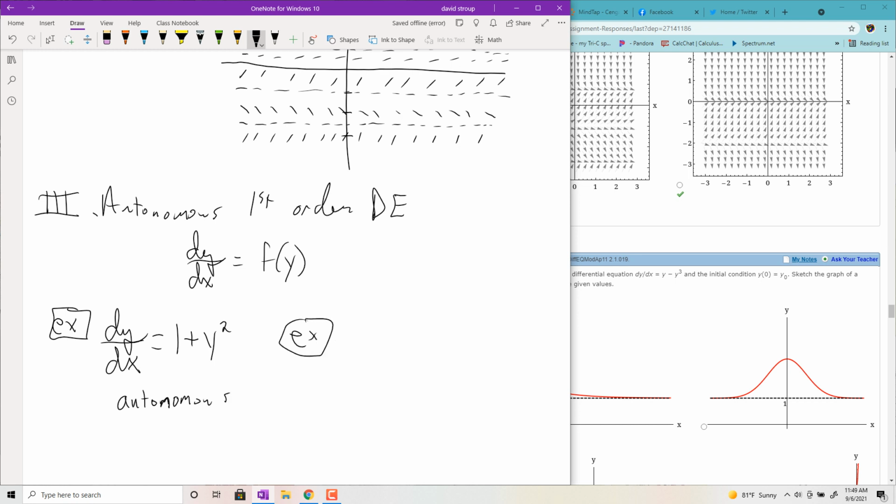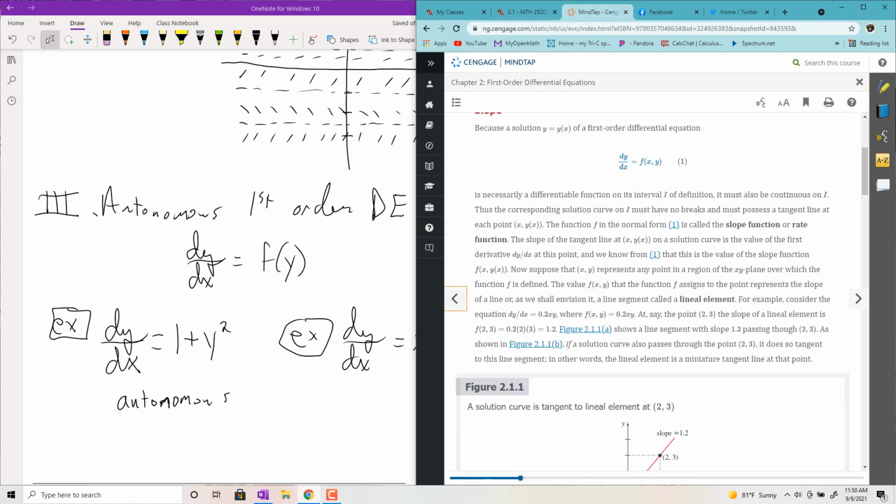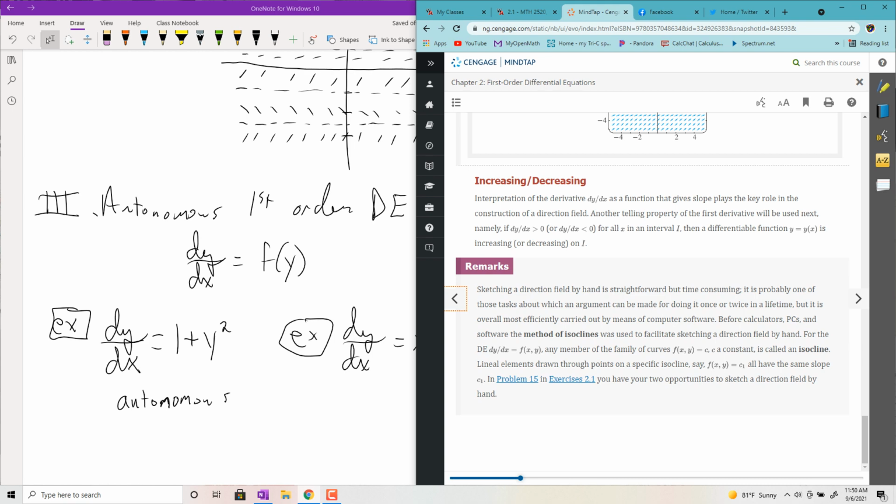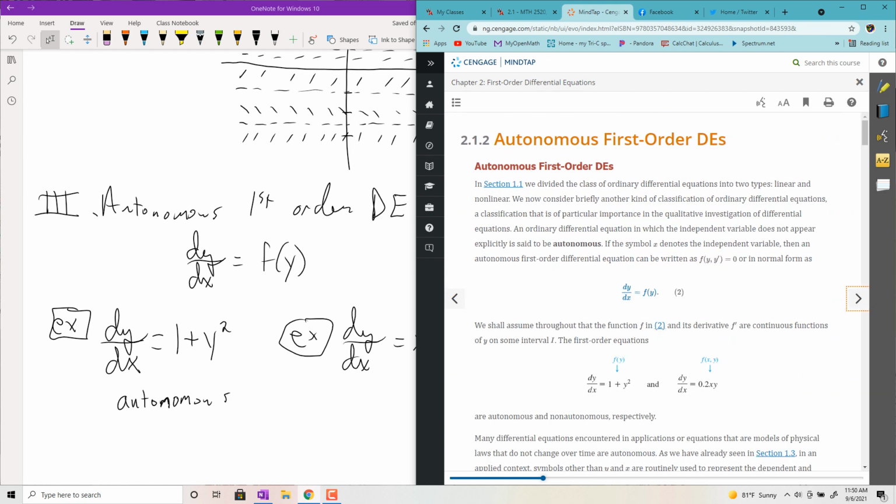This example here is not. So dy over dx equaling xy squared. It seems like even if it's in terms of just x, it should be considered autonomous, but I believe the book will restrict themselves to functions of y, I believe.